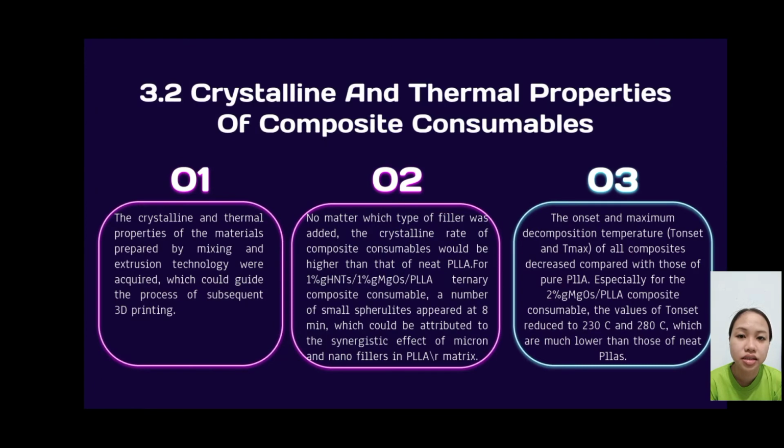The crystalline and thermal properties of materials prepared by mixing and extrusion technology were acquired, which could guide the process of subsequent 3D printing. No matter which type of filler was added, the crystalline rate of the composite consumables would be higher than that of neat PLLA.